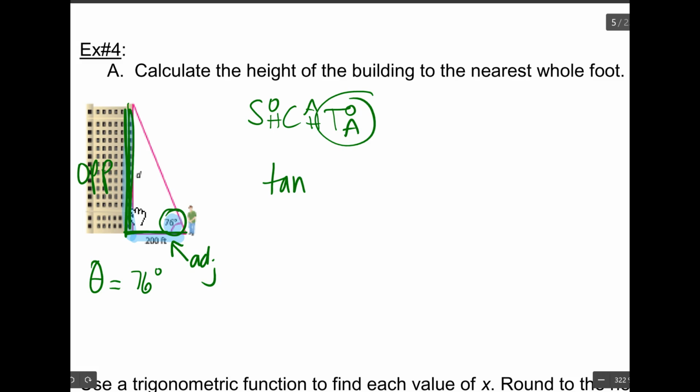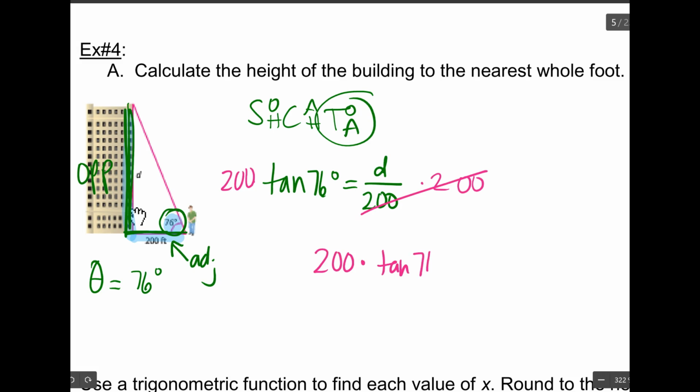So I know that tangent of 76 degrees would be the opposite side, d, over adjacent, 200. How do I get d by itself? Multiply both sides by 200. So if you put in 200 times tangent of 76 degrees, you'll find the height.